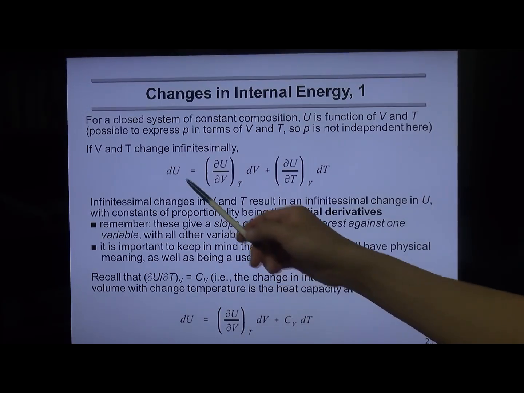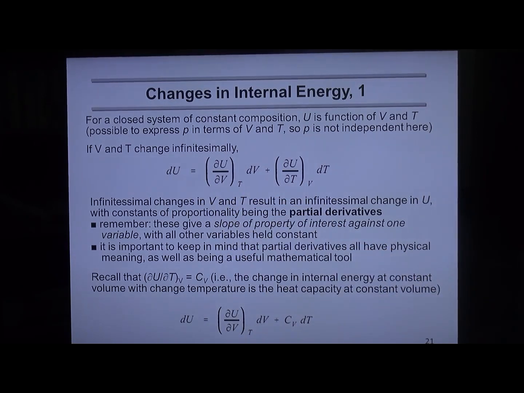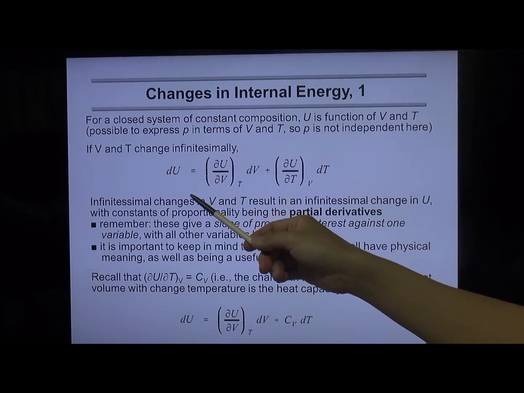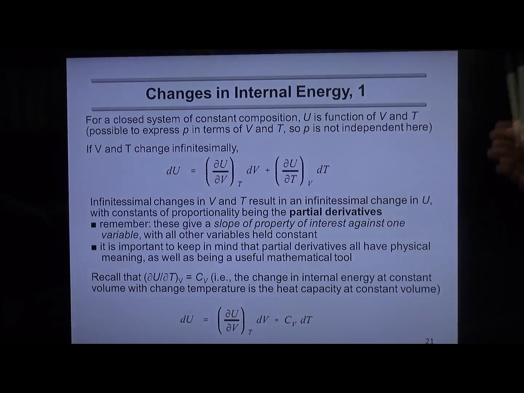Similarly, internal energy, which is also a physical variable which can describe the state of system, could be described as a function of these 3 variables: pressure, volume, or temperature. But since there are only 3 variables, if we know 2 variables only, that will be enough to describe the behavior of internal energy.